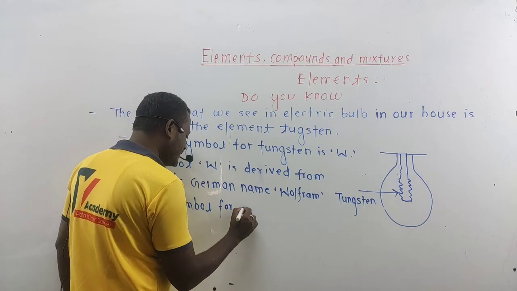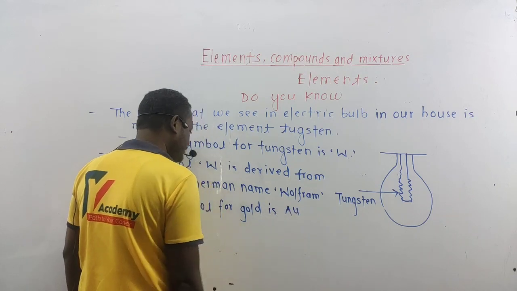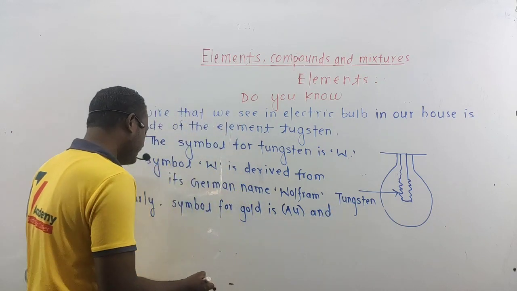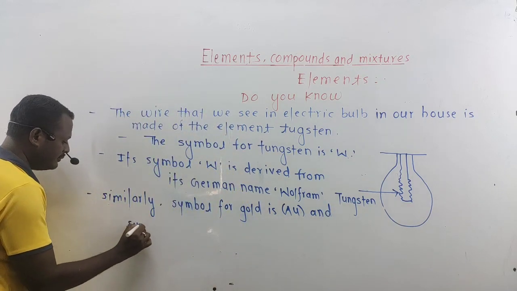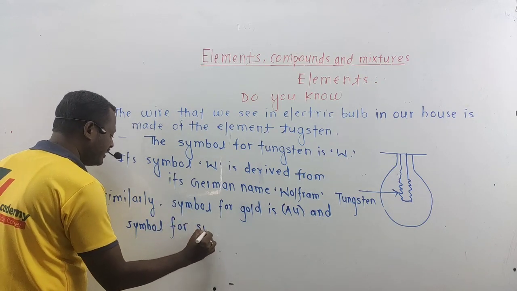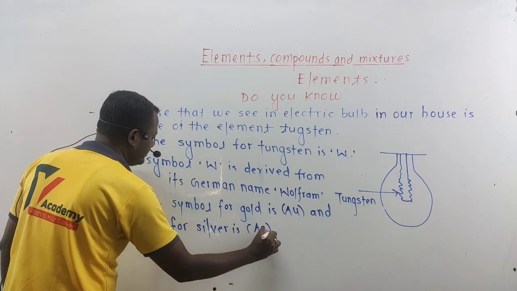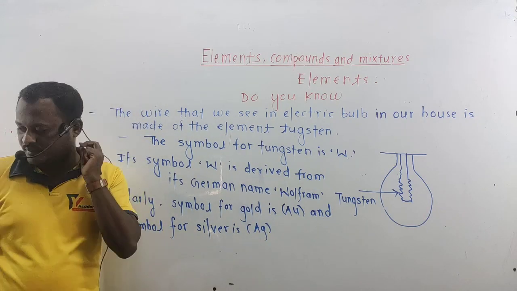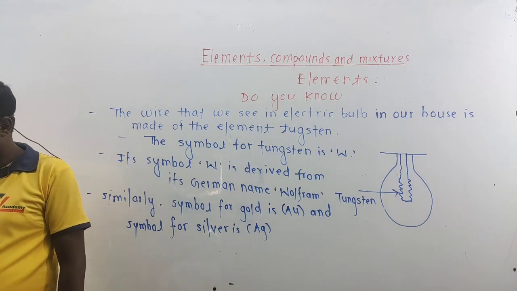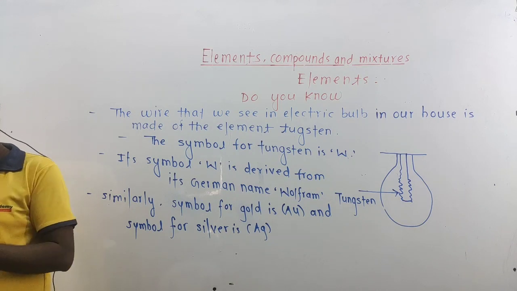Remember this. And the symbol for silver is Ag. They are derived from their Latin names, Aurum and Argentum respectively.